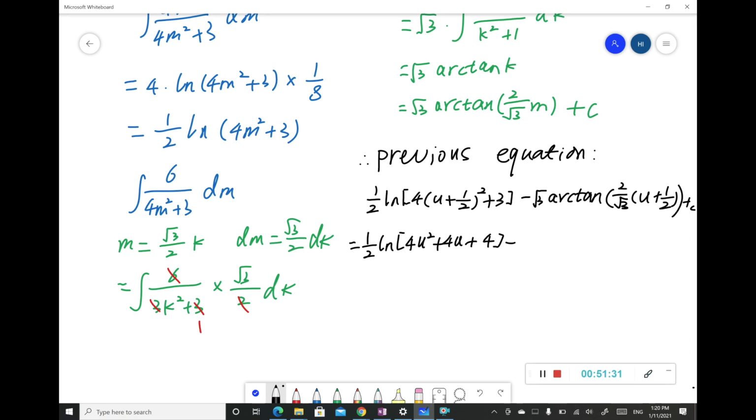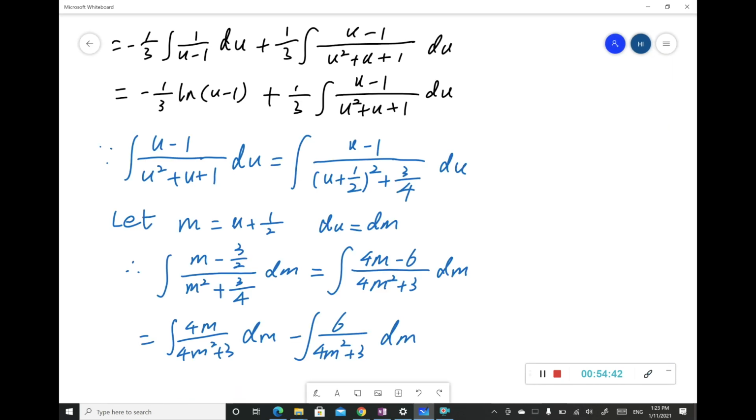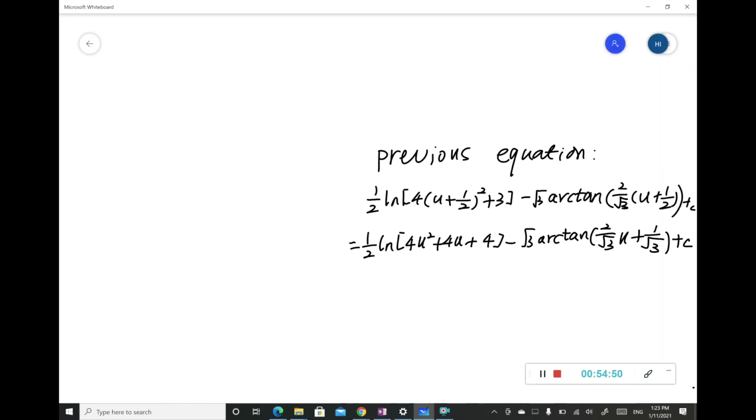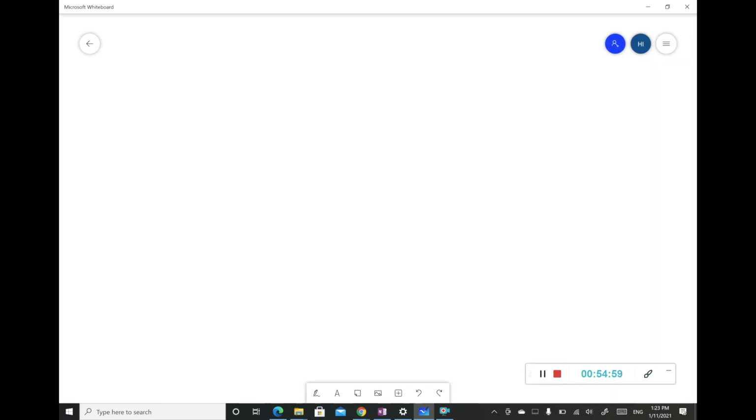Okay, and then minus square root 3 arctangent of 2 divided by square root 3 times u plus 2, and 2 are cancelable, so it will be 1 divided by square root 3 plus 6. We can take a look. We solve this one, and finally we just need to change the u value to x, so we get the final answer.